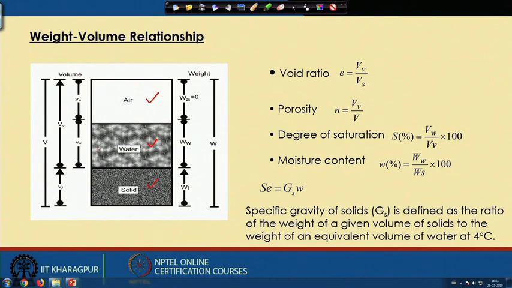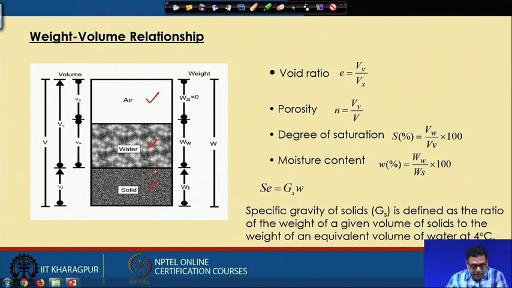This is a typical soil phase diagram. Now, if these voids are fully saturated or fully filled with water, then soil is a 2-phase system, that is solid and water. And if the soil is totally dry, that means those voids are filled with air only, then also soil is a 2-phase system, that is solid and air.